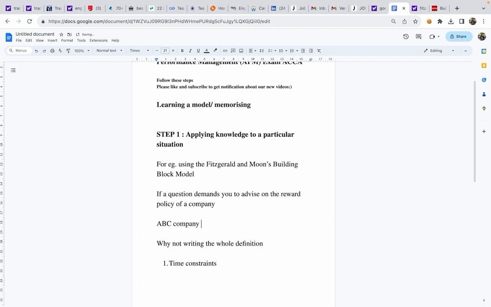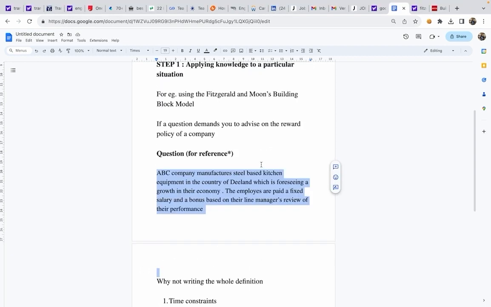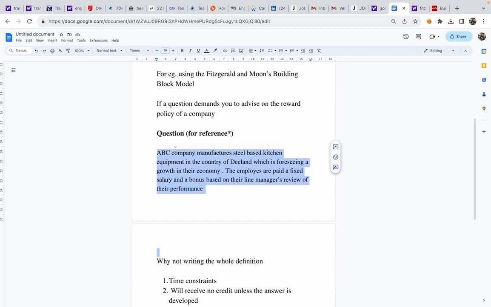Just to cite an example, there's a company, ABC company. They manufacture steel-based kitchen equipment in the country of D-land, which is experiencing a growth in the economy. So their economy is growing.